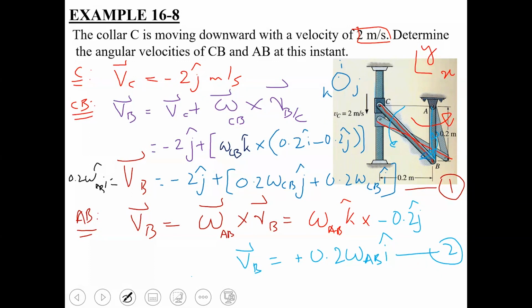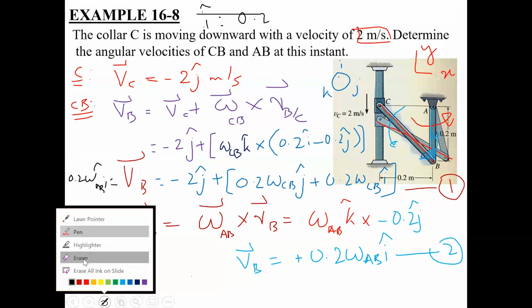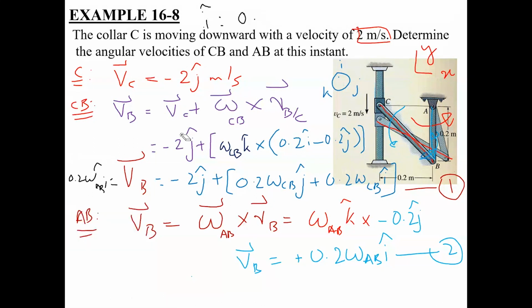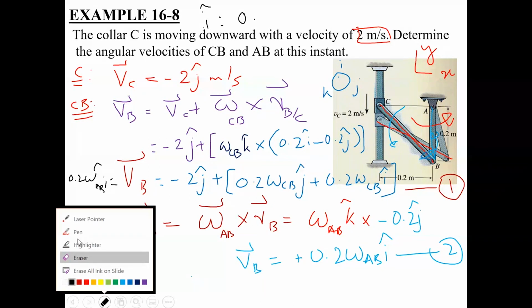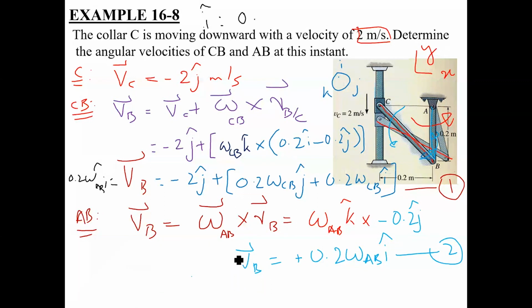So once you compare the i coefficients in this equation, मैं टॉप पे लिख रहा हूँ, अगर हम i coefficients को compare करें, so left side पे i का coefficient क्या है? It is 0.2 omega AB. ठीक है? So 0.2 omega AB जो है वो आपका coefficient आ गया right side पे.